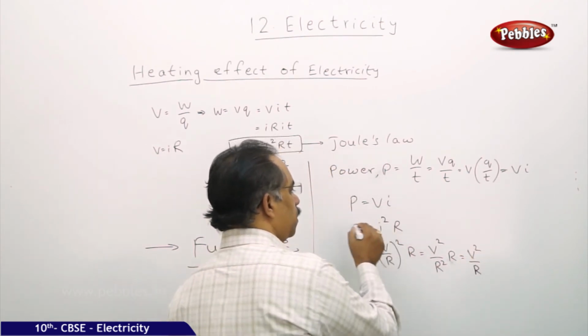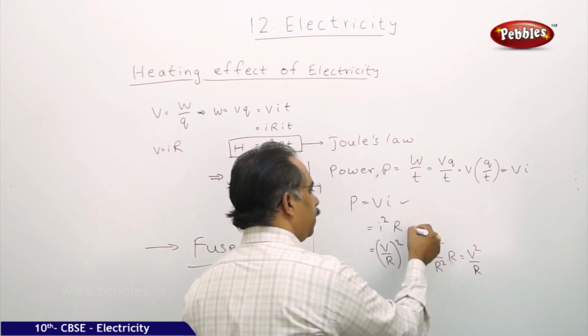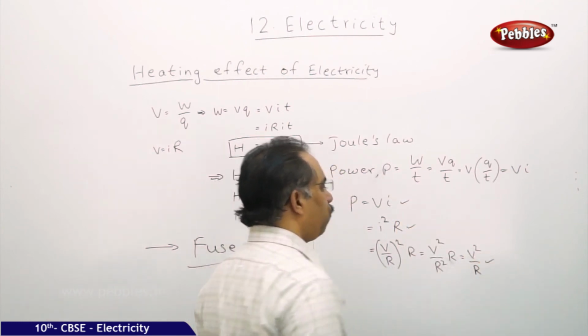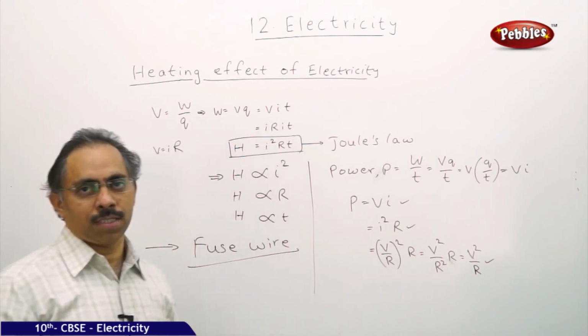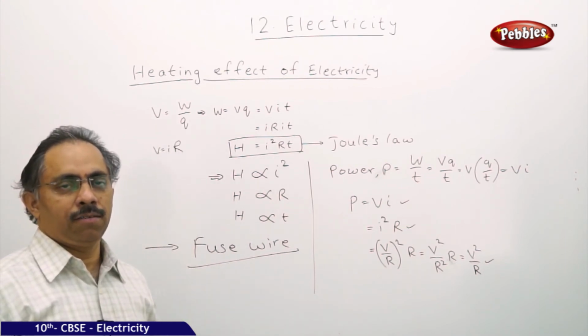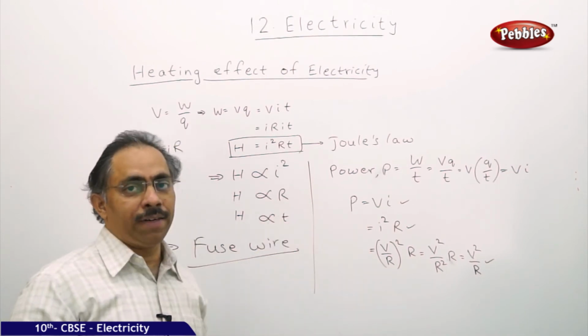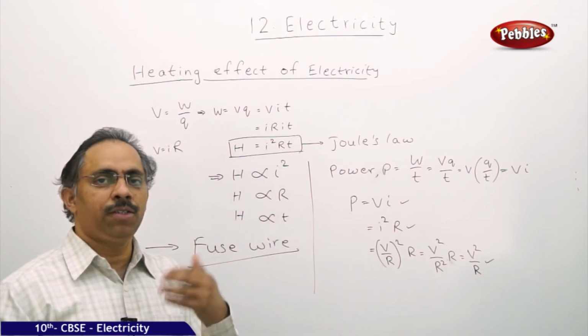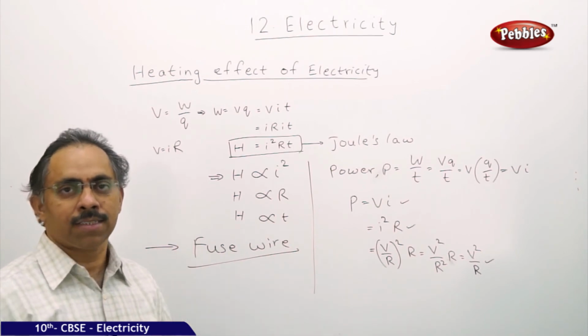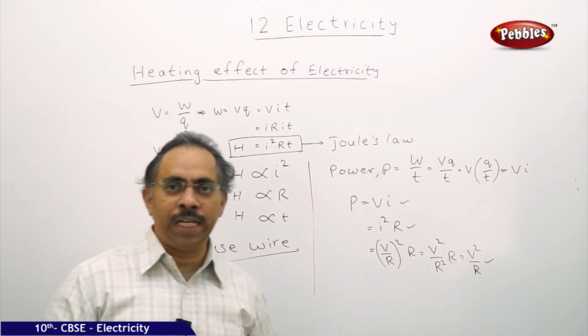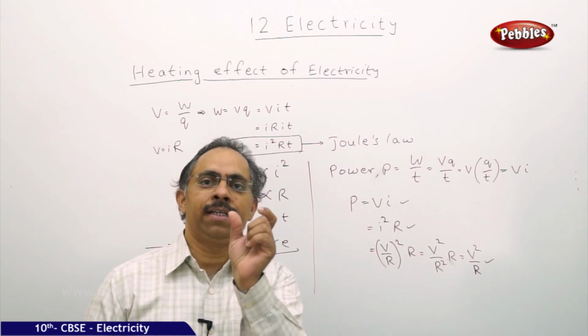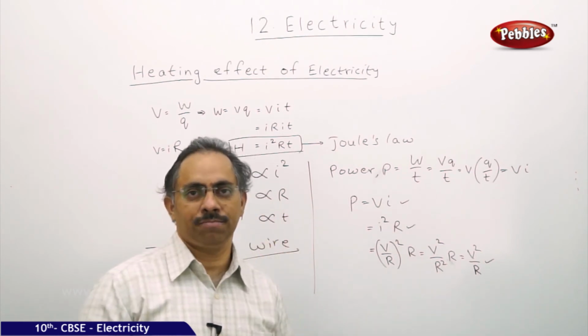So I can use any of these expressions to find out what is the power used. To find out the power used, look at the power rating of a device. Whenever you buy an electric device, say an immersion heater, they will write very clearly the wattage.